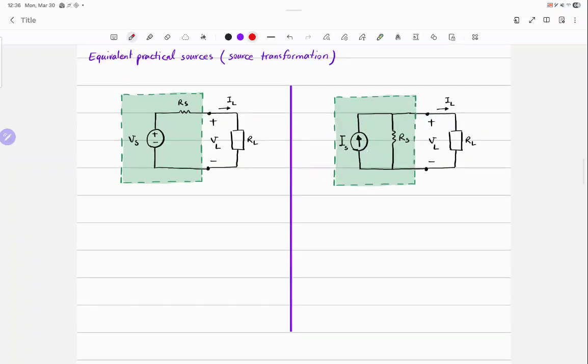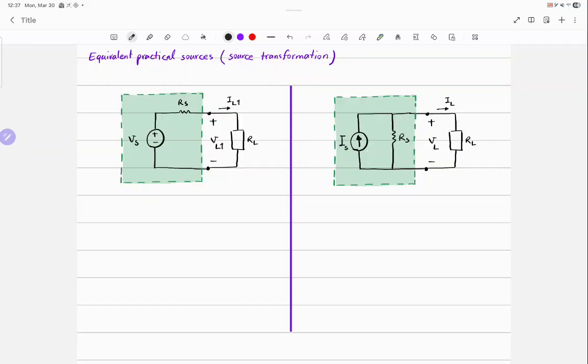Remember that the two RS are exactly the same, RLs are the same. We want to see under what conditions the VL on the left is equal to the VL on the right. Okay? So let's write equations.